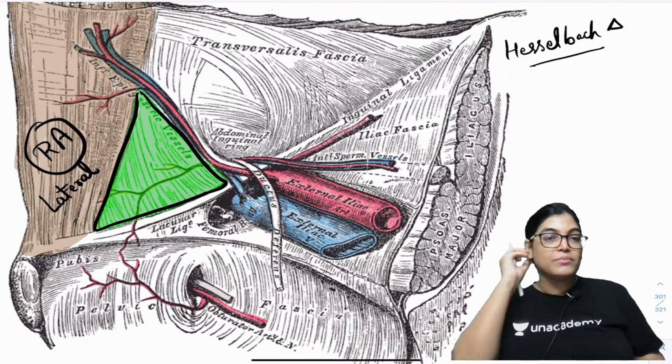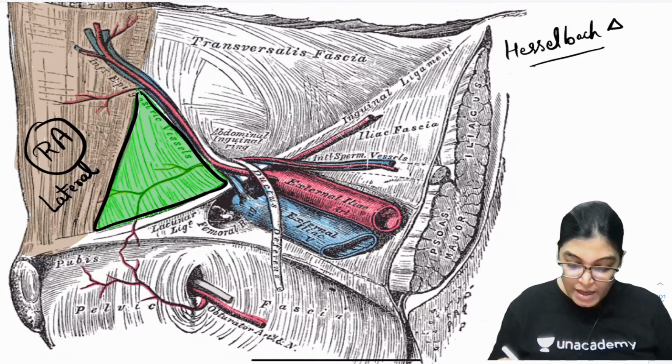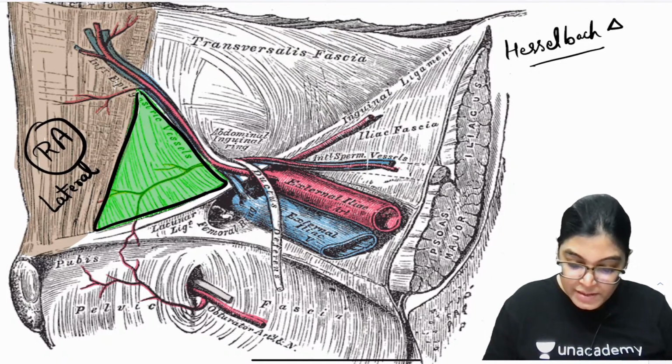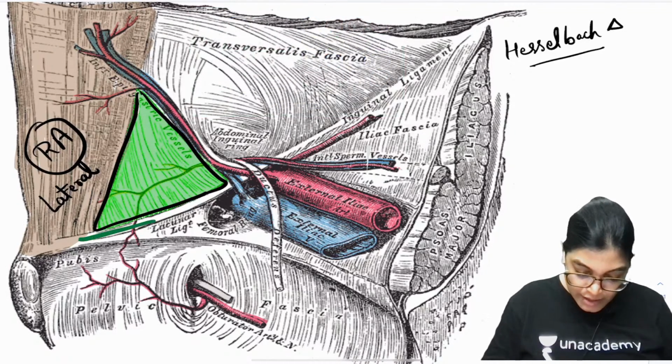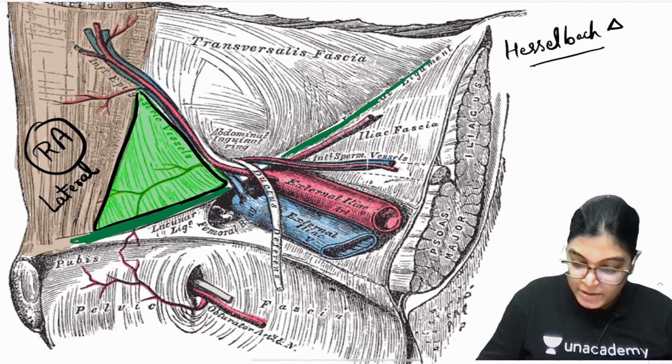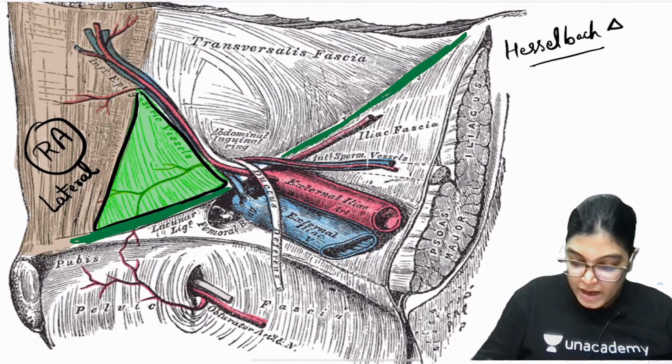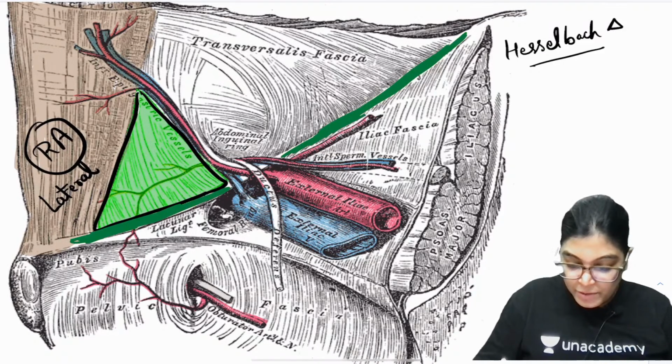This is the rectus abdominis muscle, lateral border. And inferiorly, if you see, this is the inguinal ligament. This whole is the inguinal ligament, as shown here also.